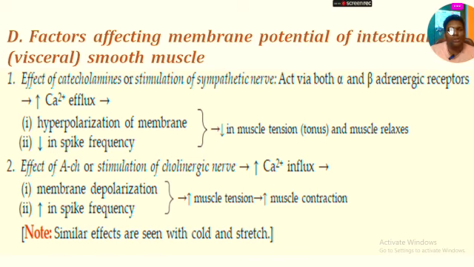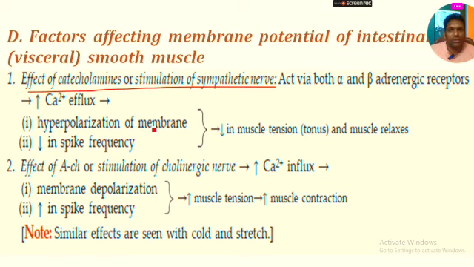The catecholamines act via both alpha and beta adrenergic receptors, which increases calcium efflux. That produces hyperpolarization of the membrane and a decrease in spike frequency.